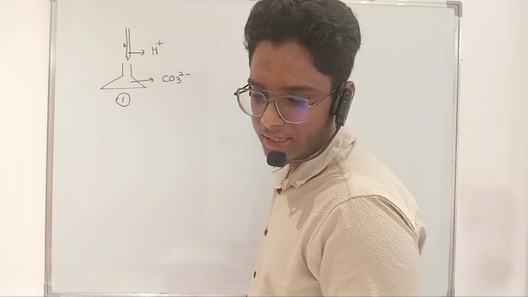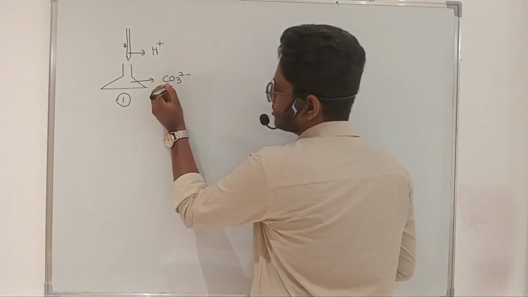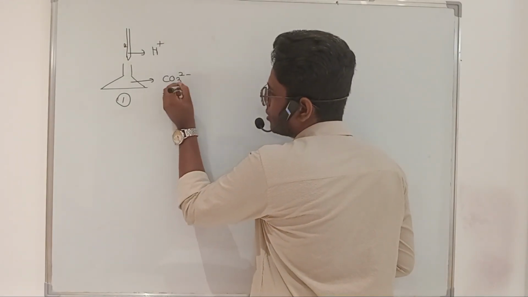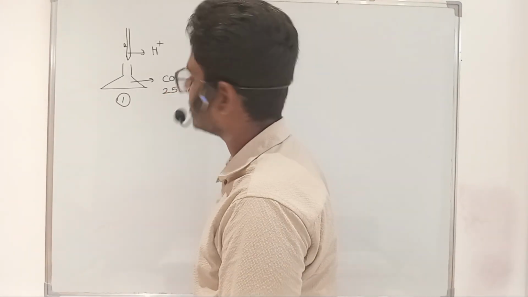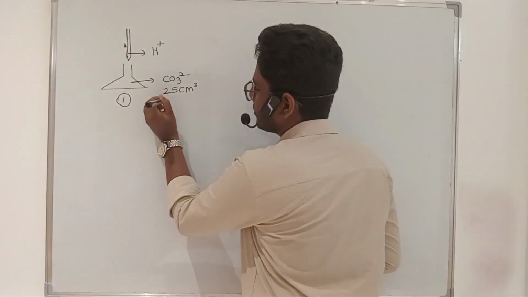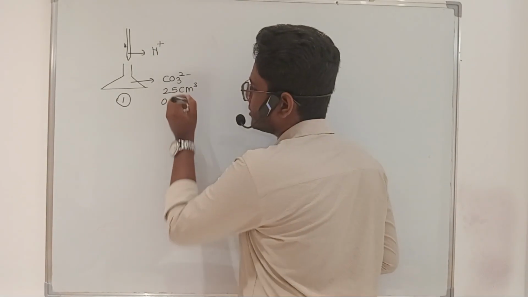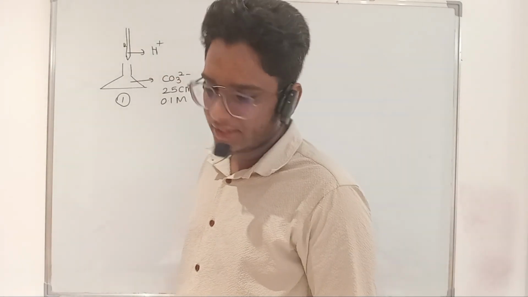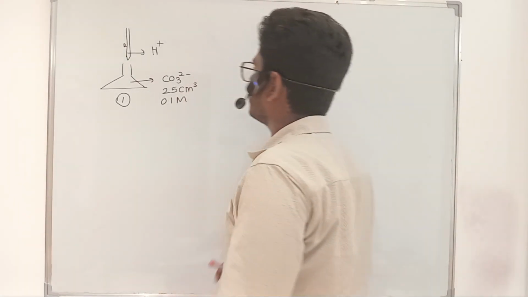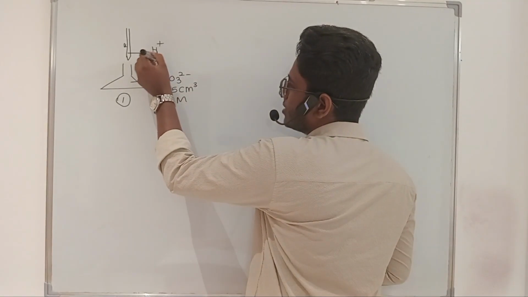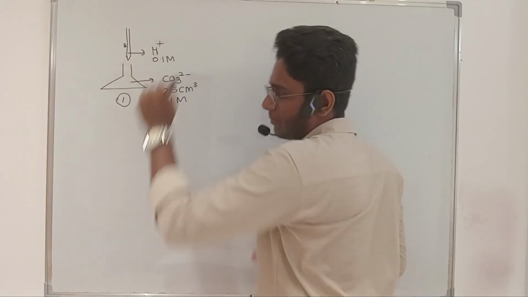So 25 cm³ of carbonate solution has been used, and the concentration of the carbonate solution they have given is 0.1 mol dm⁻³. And they have titrated with an acid, that is HCl, and the concentration of the acid is 0.1 mol dm⁻³.